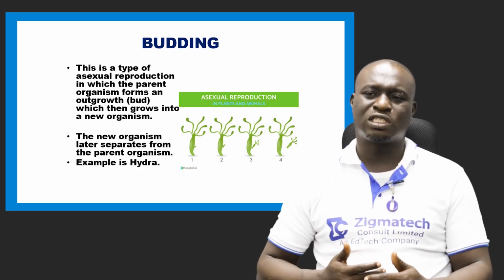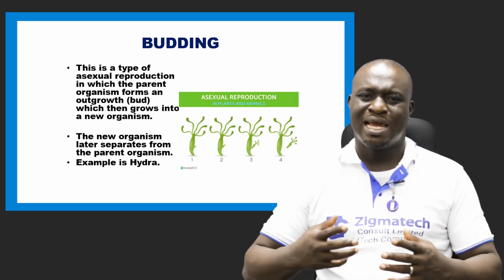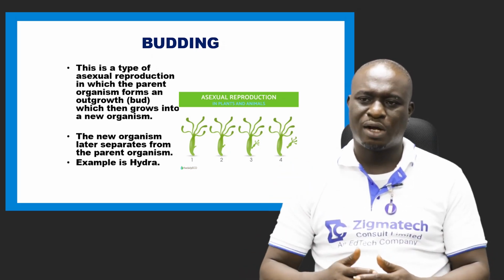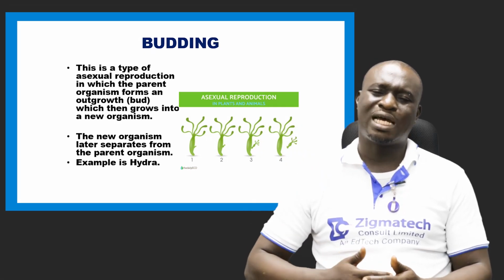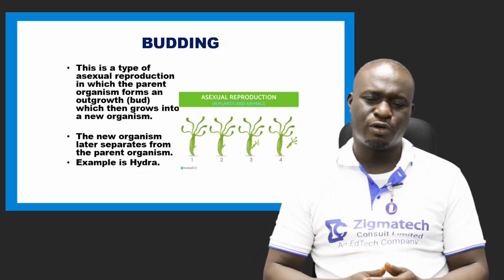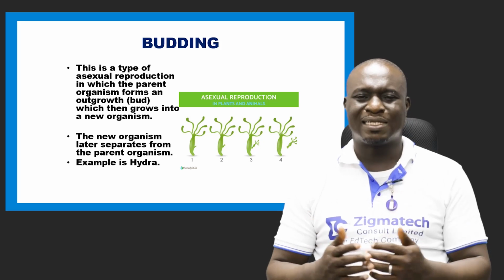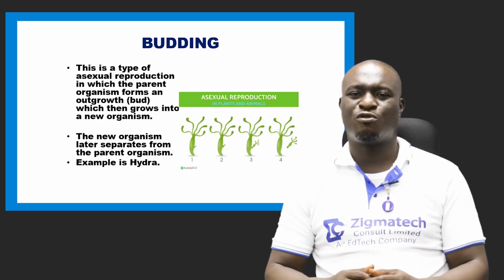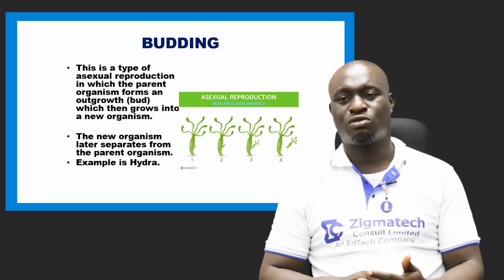Once it grows to a particular size, it detaches from the parent organism, falls to the ground, and starts up its own life. So we call that budding. The new organism later separates. An example of an organism that carries out this type of reproduction is yeast. Yeast also carries out budding.